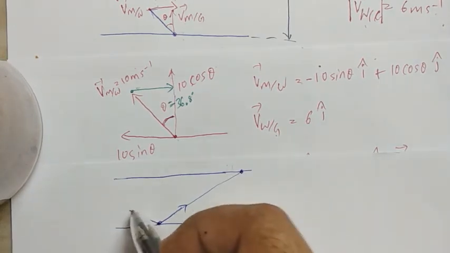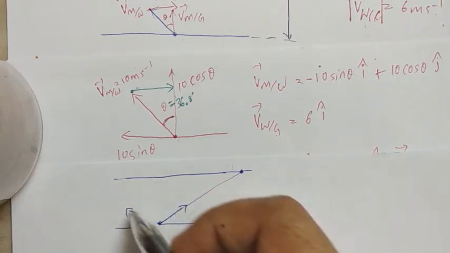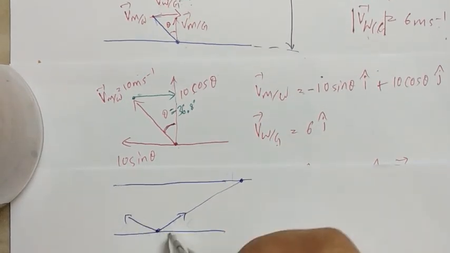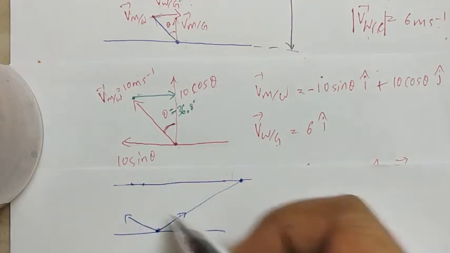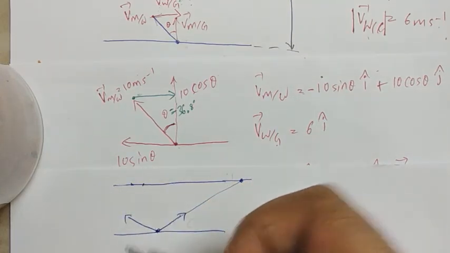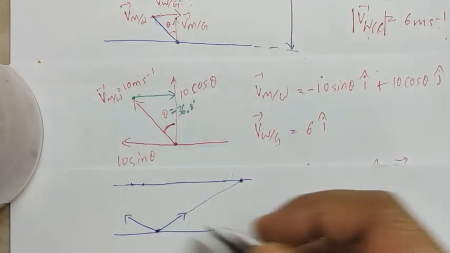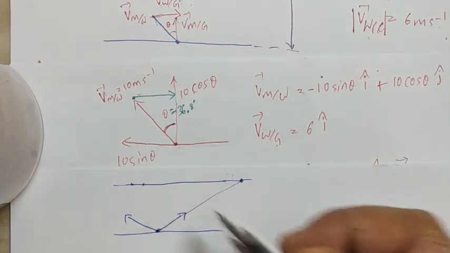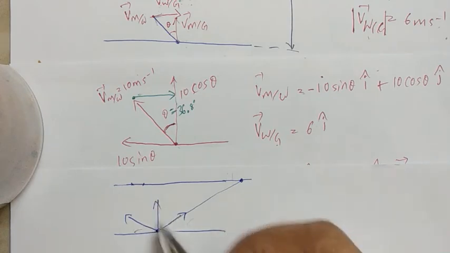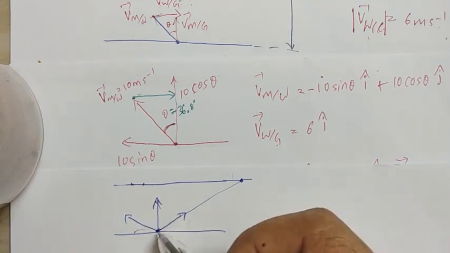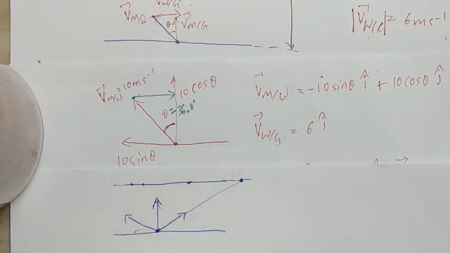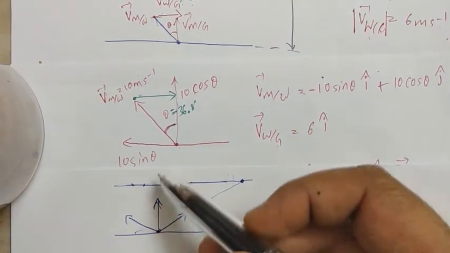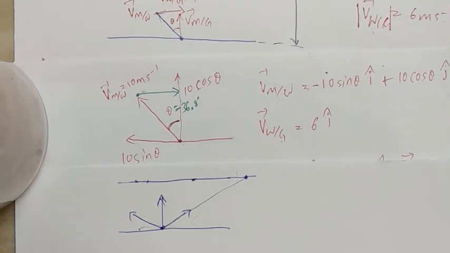On the other hand, even if he starts in this direction, then since he has to go against the flow of the river, he might end up at any point, and it would take a longer distance than the minimum. But if he starts in this perpendicular direction, then even though he would be drifted to some other point, it will take the least amount of time to cross this river.